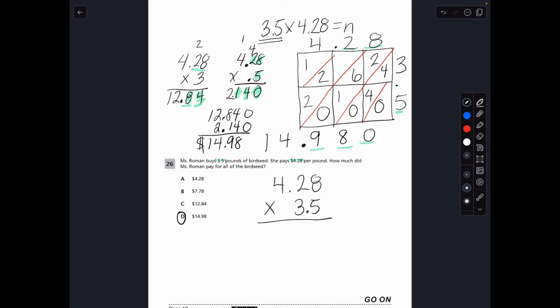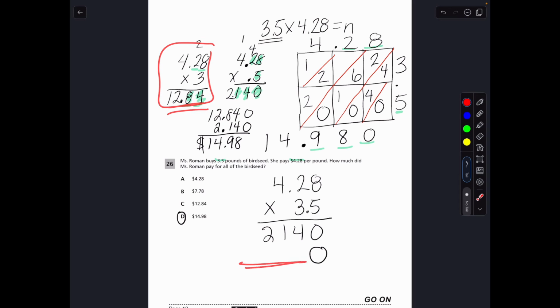We already did this multiplication before and we got 2140, so I'm not going to do it again. Placeholder, and we did 3 times 428. We already did this math, so I'm just rewriting it here.